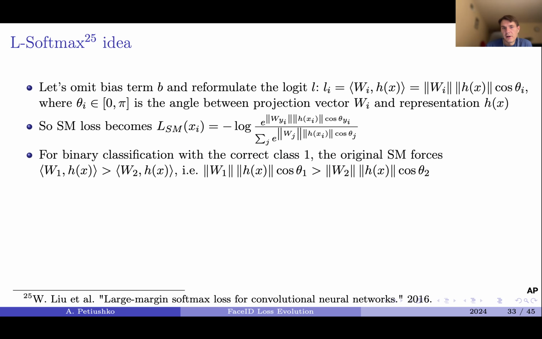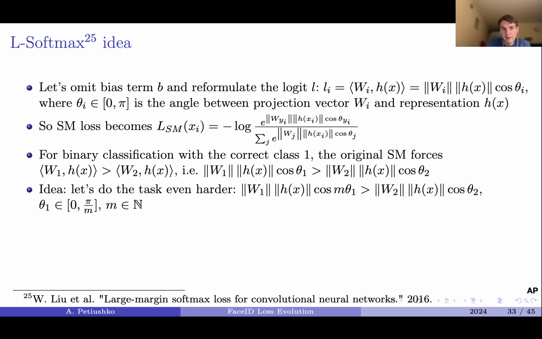And for binary classification with the correct class 1, the original softmax forces the following. Because we have binary classification, this is a linear classifier, and the dot product of w1 and h of x must be bigger than the dot product of w2 and h of x. That basically means, let's use the derivation of the dot product into the multiplication of norms and cosine, and we would have this. Quite understandable.